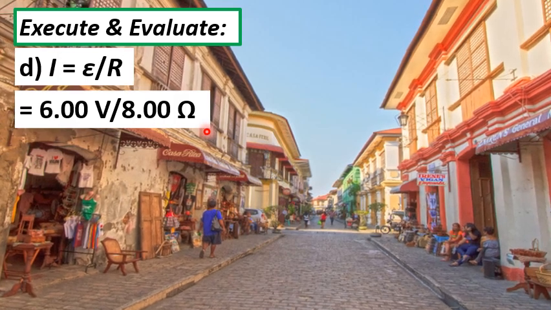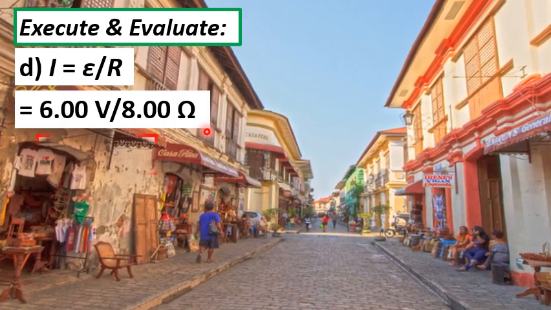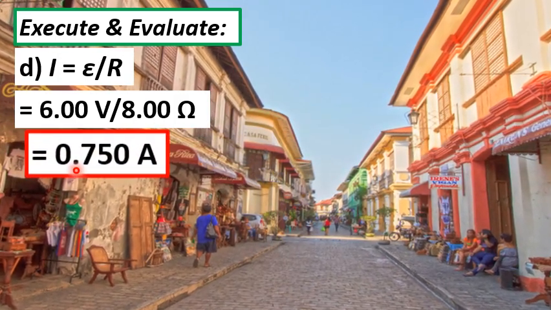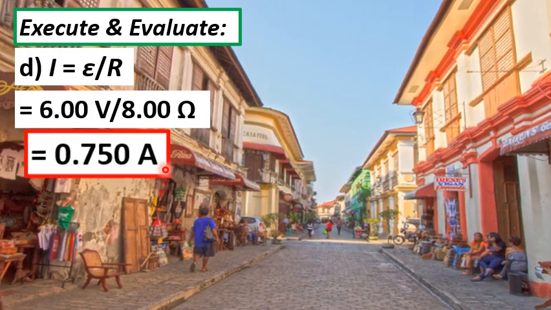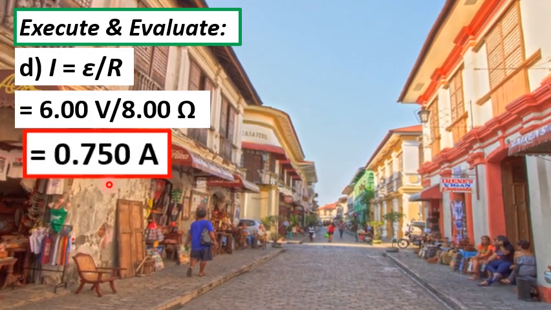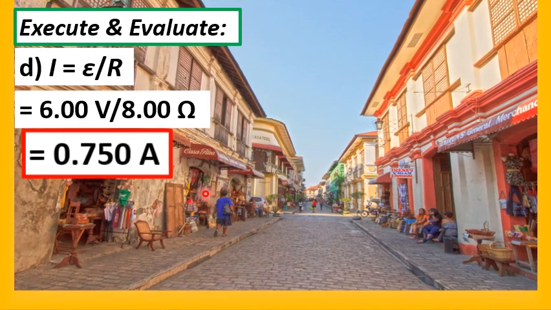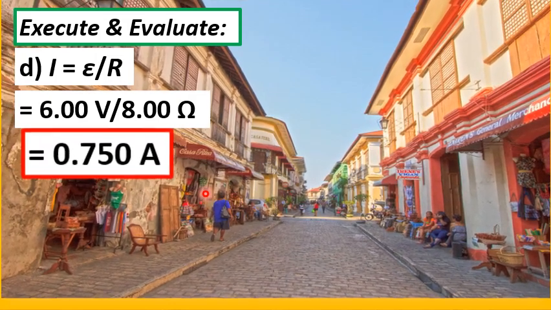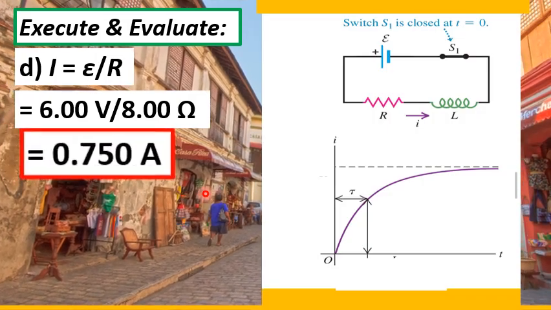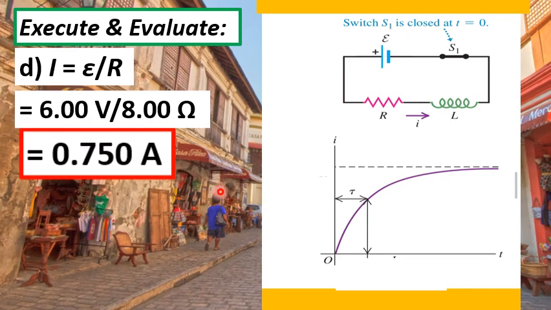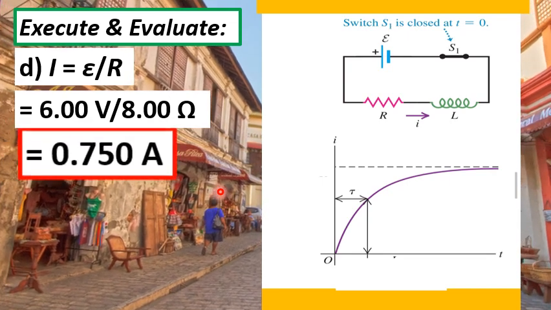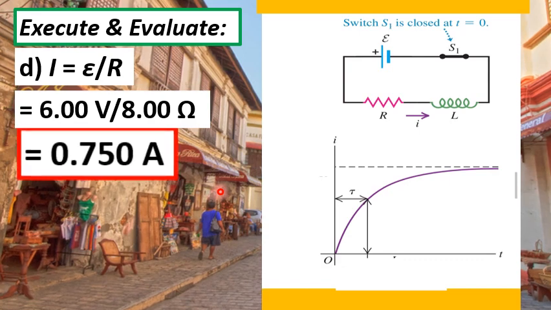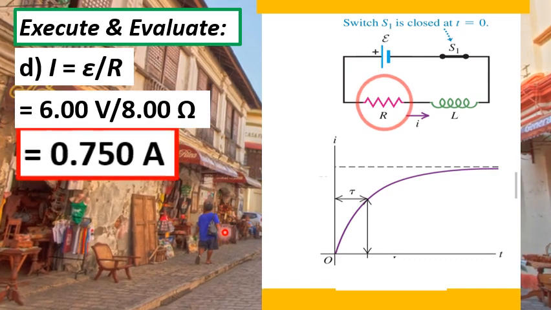So we get the final steady current capital I equals 0.750 amperes in three significant figures. This same current, big I, is the current that passes through the resistor, big R.